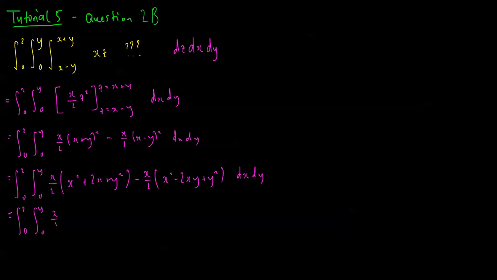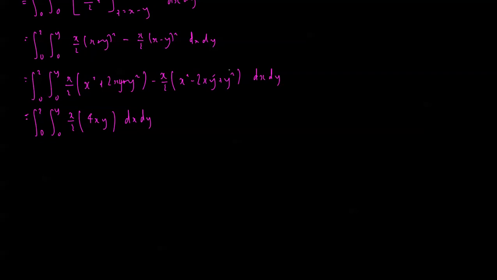Notice I have an x on 2 as a common factor, so it's x squared minus an x squared, which is 0. 2xy plus y squared, minus of a minus 2xy will give me 4xy, and the y squared minus y squared will cancel to give me nothing, dx dy.